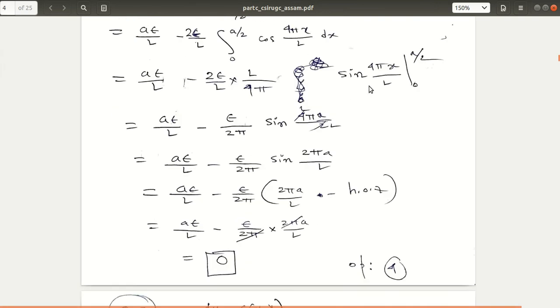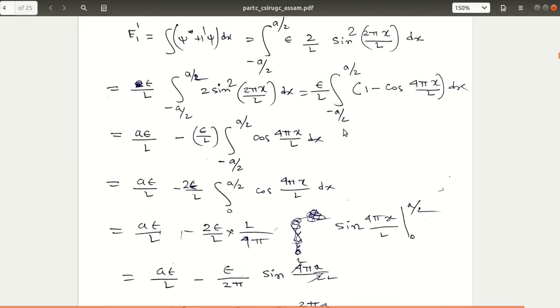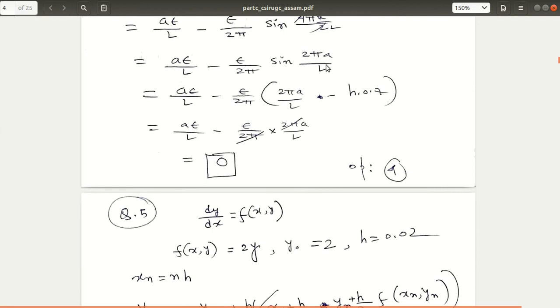If you perform the integration, it will give you sin 2 pi a by L, because n is equal to 2, and if we expand it, it is basically epsilon by L minus epsilon by 2 pi into 2 pi a by L, so it will also give you epsilon a by L. So in total it will give you 0, because there is the minus sign.